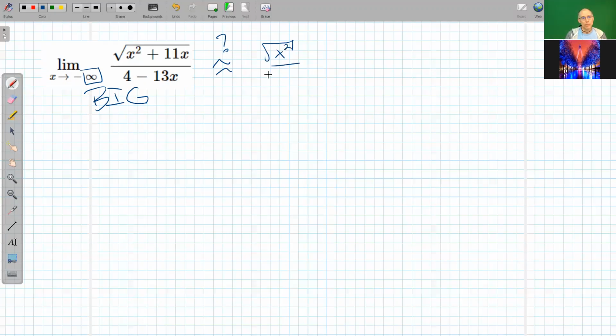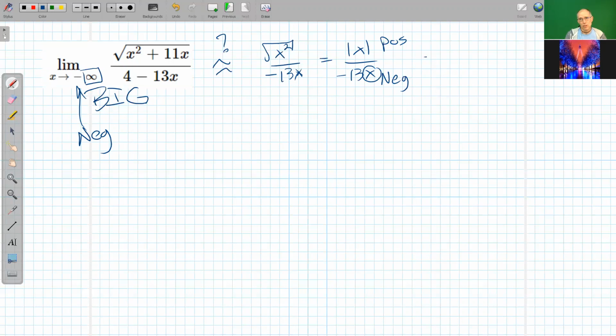And in the bottom, the 4 is negligible. Who cares about 4 if you have a trillion? So the -13x takes over on the bottom. The square root of x squared is really the absolute value of x. So I have -13x in the bottom, and I have negative numbers here, so the denominator is negative. The numerator, at least the x is negative, the numerator is positive.